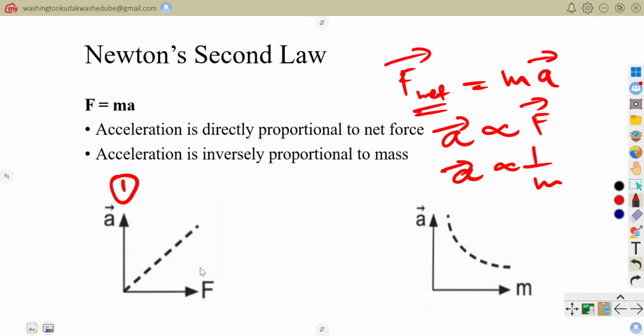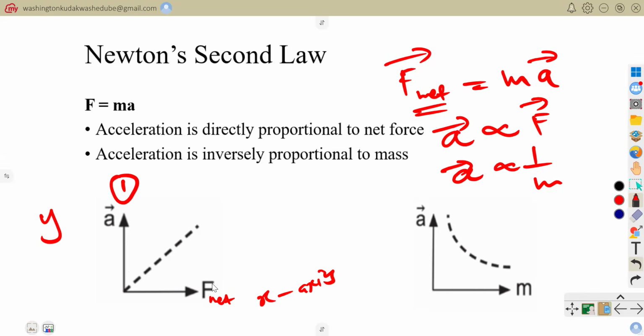Using graphs, we will always draw our net force on the x-axis, while our acceleration will always be on the y-axis. We define our net force as the independent variable, and the acceleration as the dependent variable.